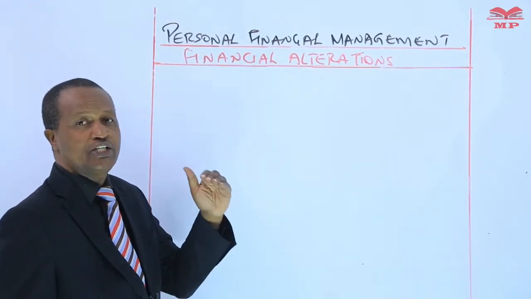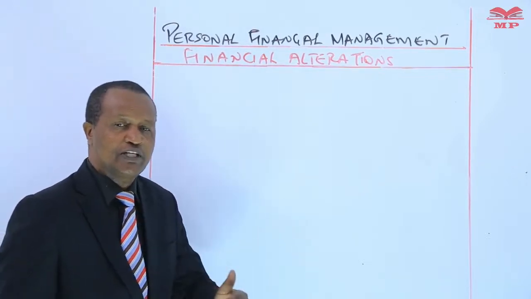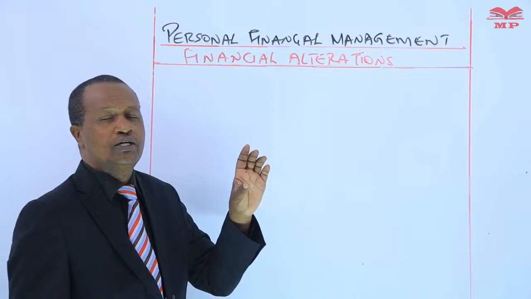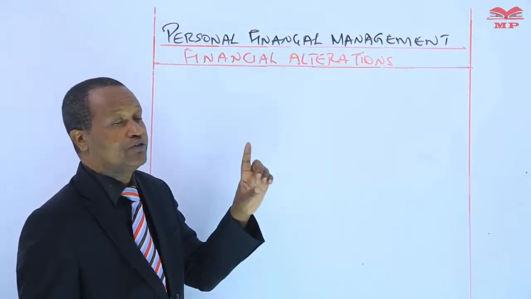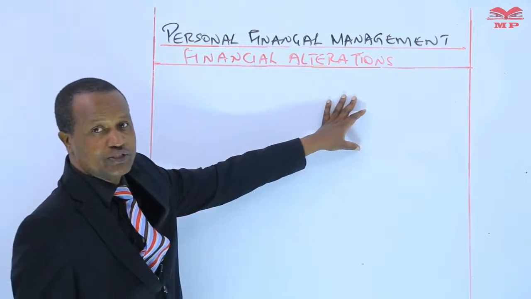We've been studying each subtopic at a time, and at the end of every lesson, I've been giving you an assignment. Today, our focus is on the last subtopic, which is financial alterations.